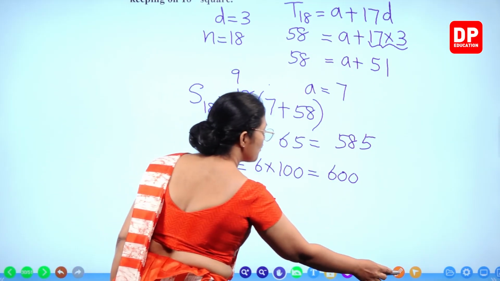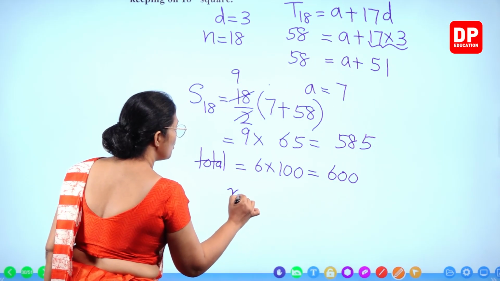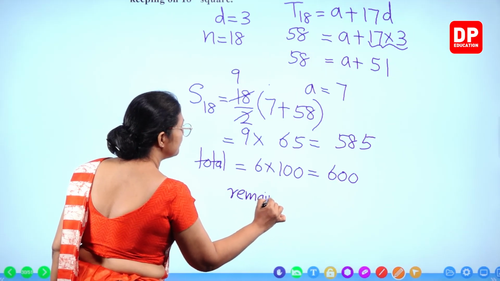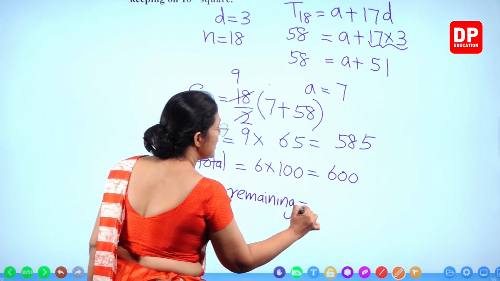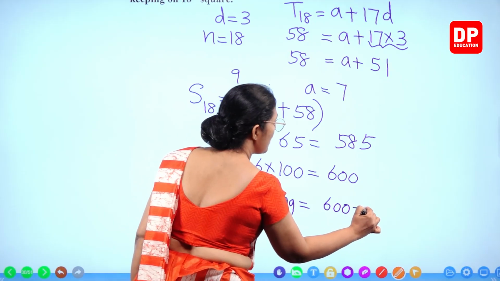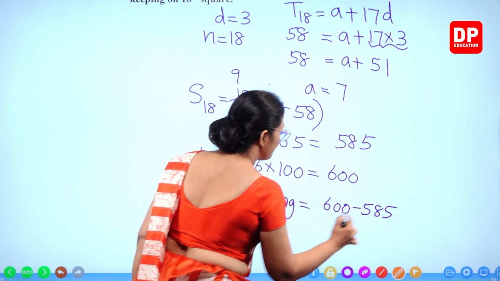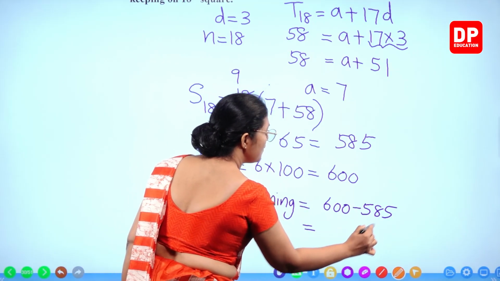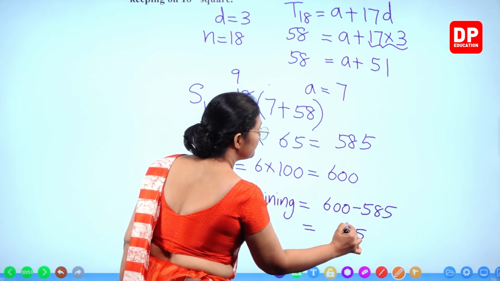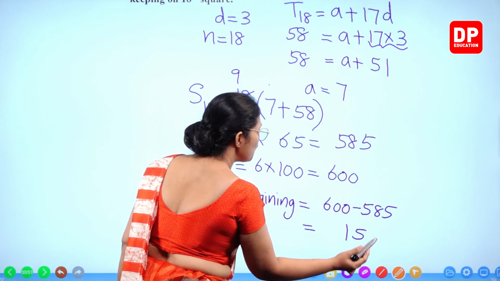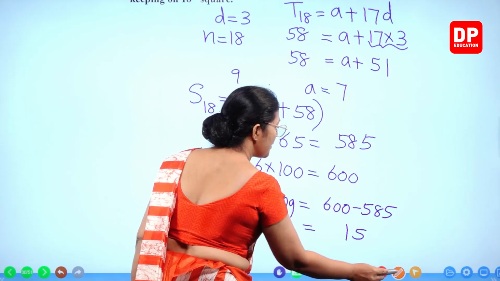So you have to subtract these two. So remaining number is 600 minus 585. So you get 15. So 15 buttons are remaining.